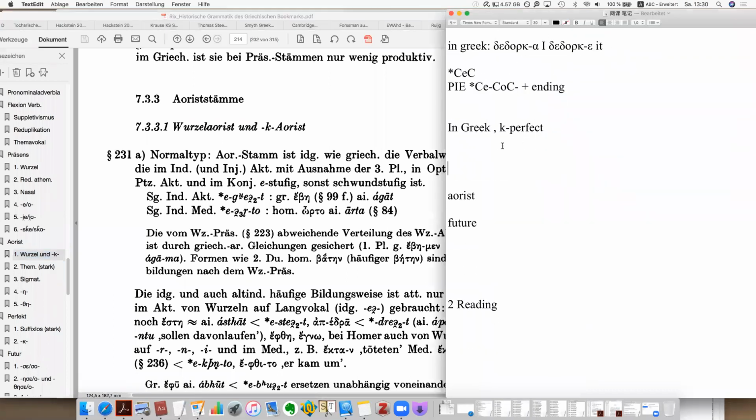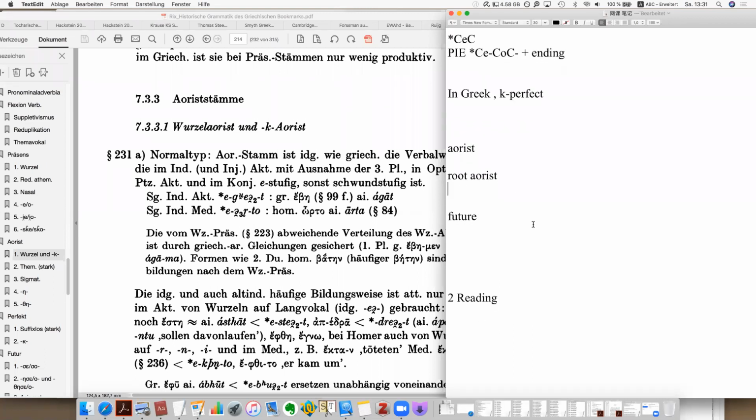You can find it here. So in Greek you also have the root aorist, right? And for the root aorist, you just put the root with the ending, right? So like for this one, you have in Greek ebe.